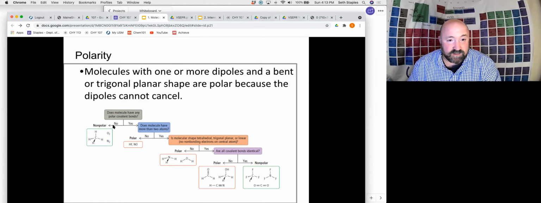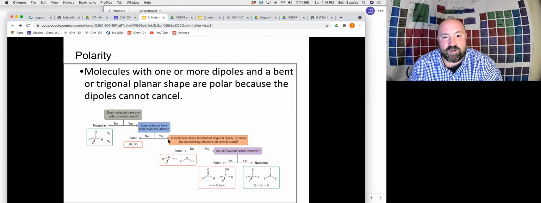If it doesn't, then the whole molecule is nonpolar, and that's easy enough. If the molecule does have some polar bonds in it, then we ask, does the molecule have more than two atoms? If no, then it's definitely going to be polar. So something like HF or NO, only two atoms there, so the molecule will be polar.